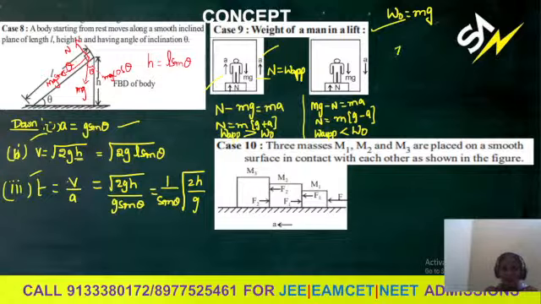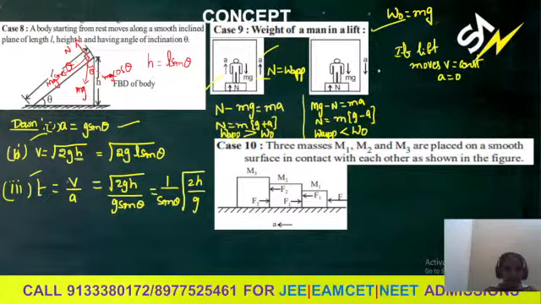Next situation, if the lift moves with constant speed, v equal to constant. V equal to constant means acceleration 0.